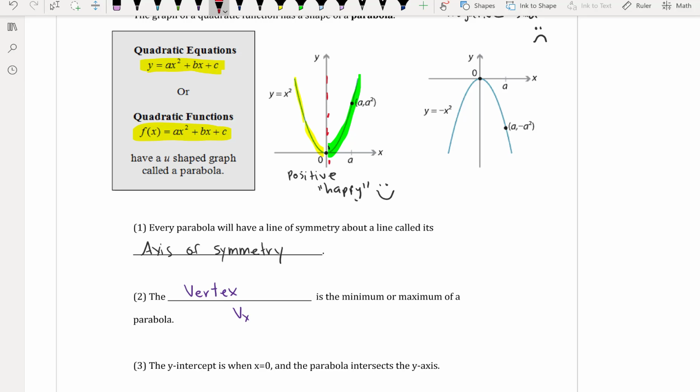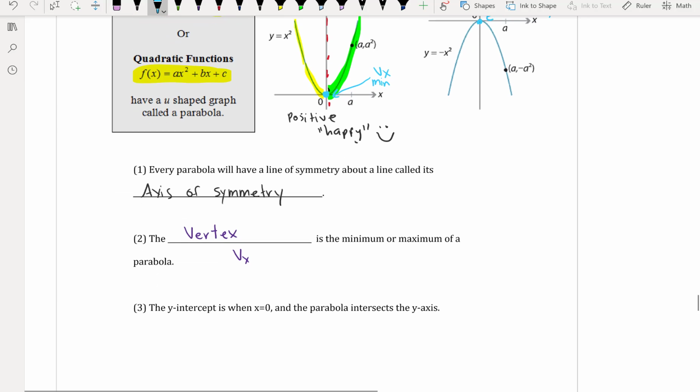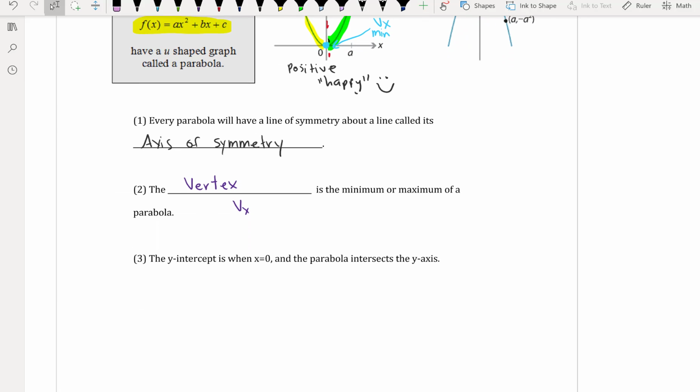So here, because I have a happy positive parabola, I'm going to have a minimum for my vertex. And over here, because I have a sad negative parabola, my vertex is actually going to be a maximum. Okay? All right. The y-intercept is when x is equal to 0, and the parabola intersects the y-axis.